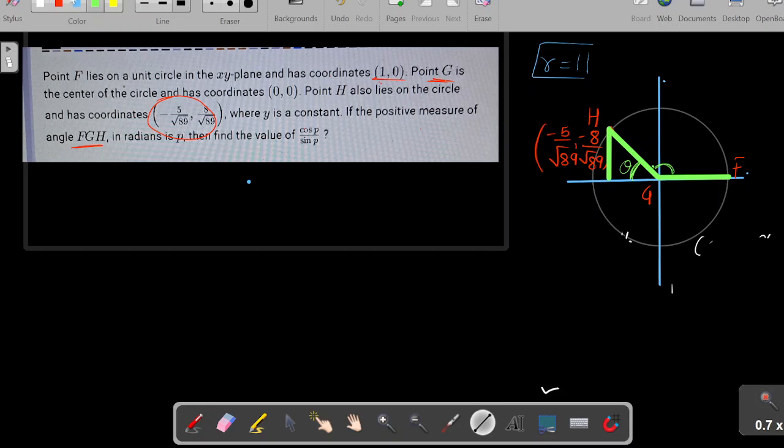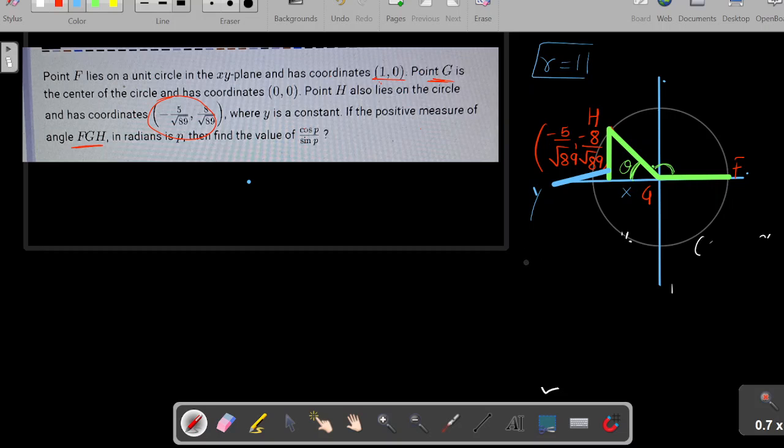Now, remember, this is nothing but y, and this is nothing but x. So if I want to find x, that is going to be r cos theta, and y is r sin theta. Or you can do it in another way. Let's say x and y are given.